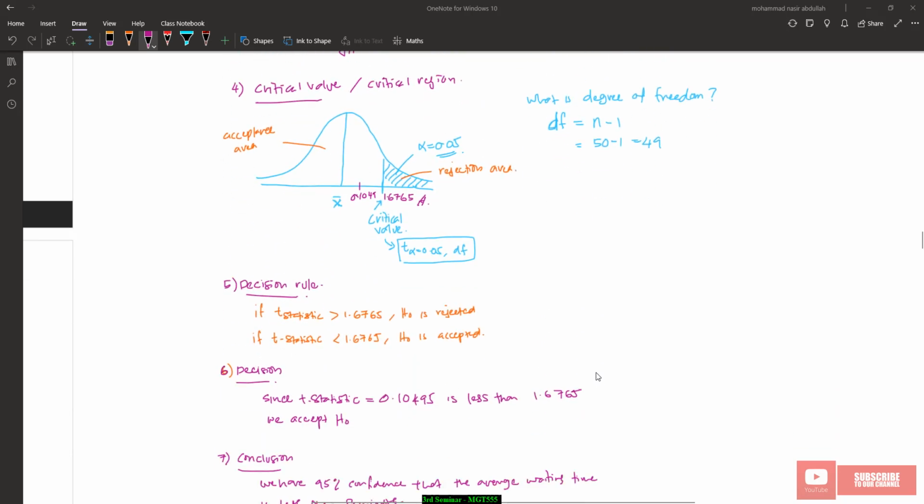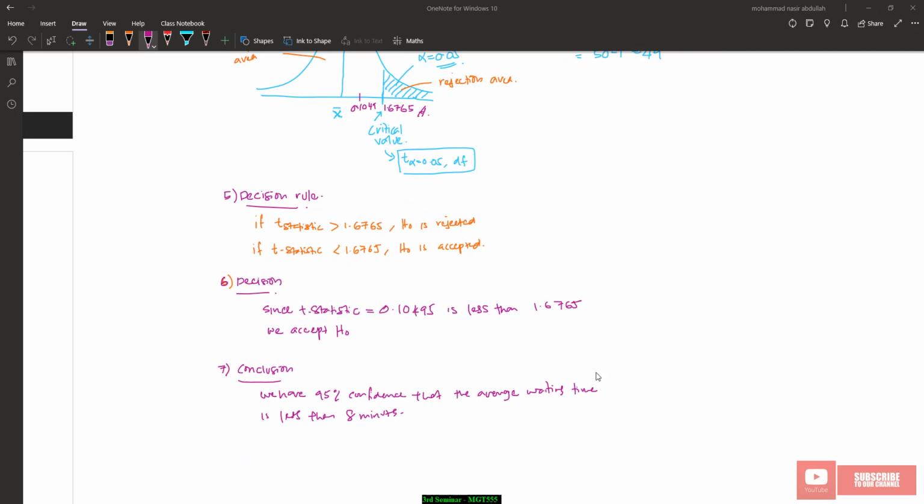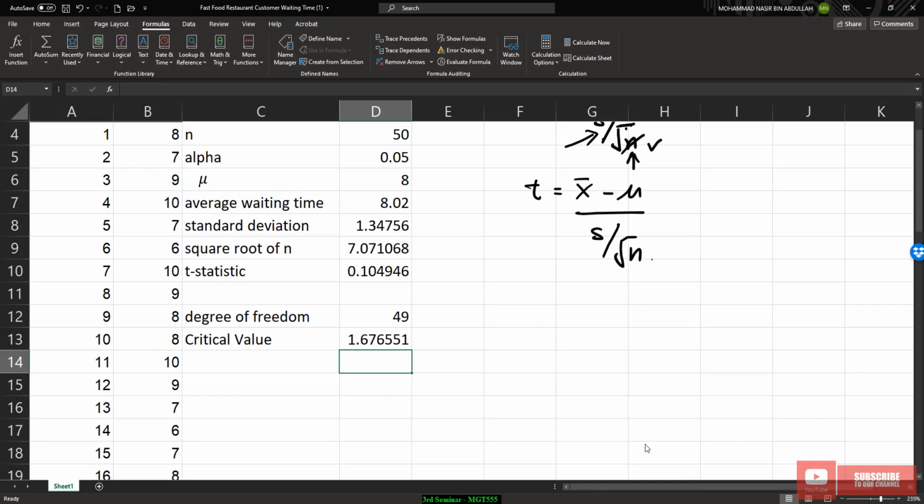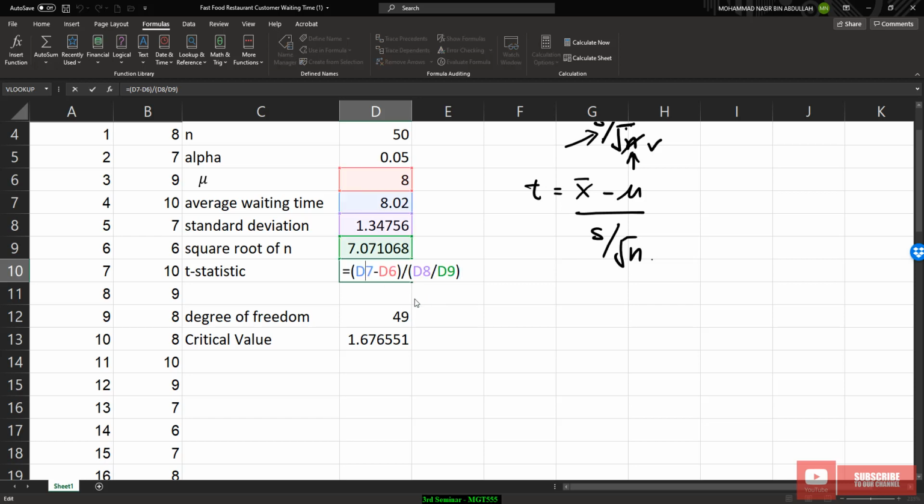Sure. Yes. Can you please reverse to the calculation of T-statistic? I need to see the formula. Dekat sini lah. This is the formula of the T-statistic: X bar minus mu divided by S, which is the sample standard deviation, divided by square root of N. So, apa yang kita buat?